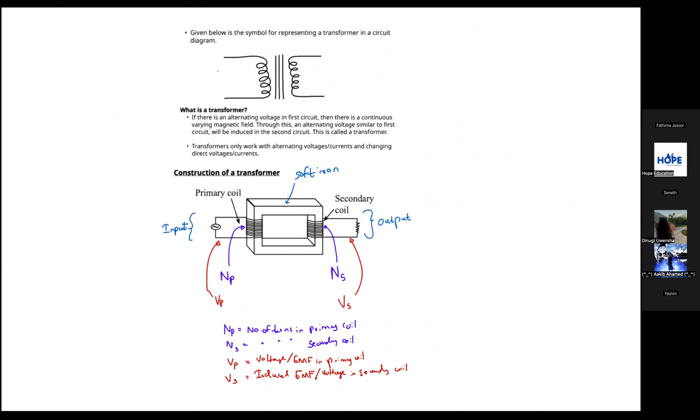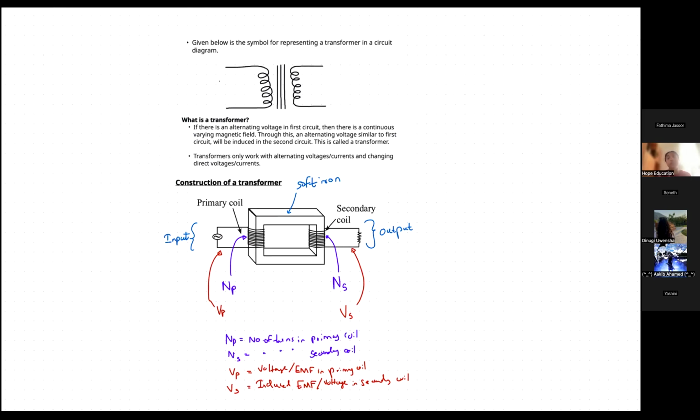Okay, so let's quickly write this one. Write these down, then we are going to learn a very important relationship. Quickly draw this, the construction of a transformer. Make it fast.